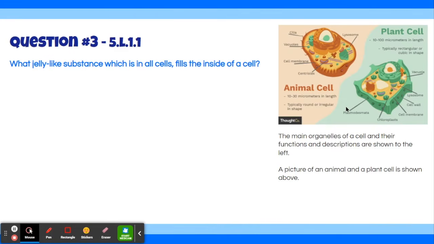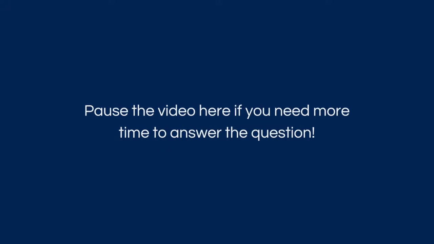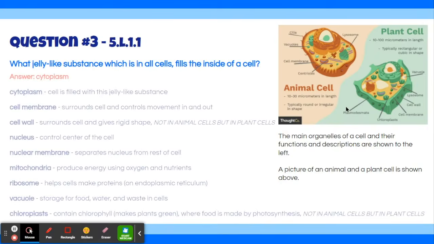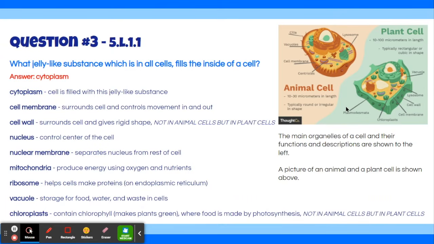Alright, question number 3. What jelly-like substance, which is in all cells, fills the inside of a cell? The answer is cytoplasm. Cytoplasm is this orangish-yellowish substance that is inside the cell, and it just holds the organelles in place.